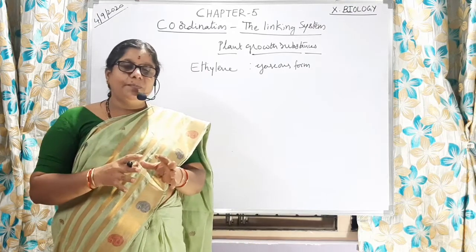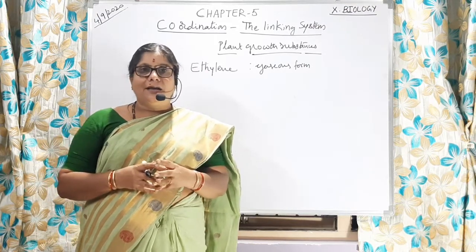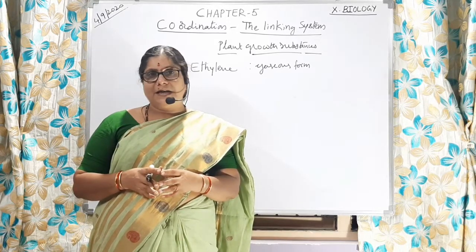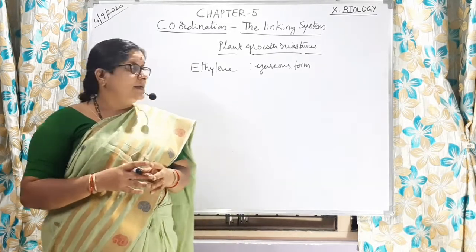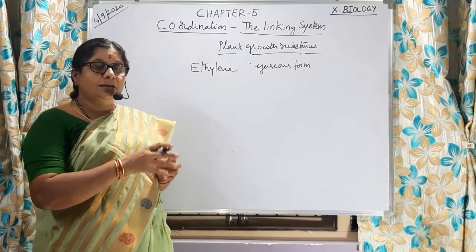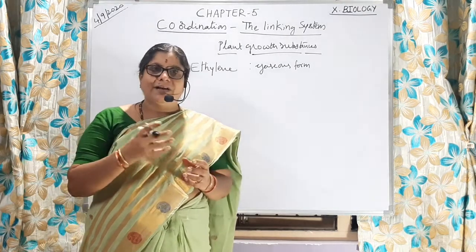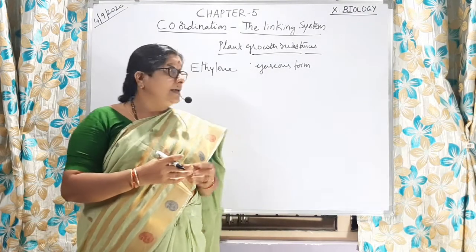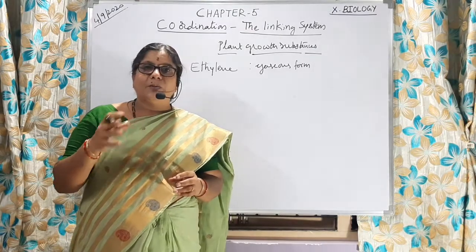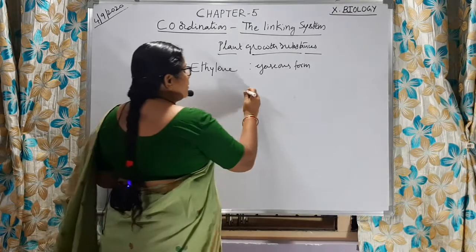If we keep them both together, after few days all are going to be ripened. Is it not? Have you observed like that? Yes. So how is it happening? The ripened tomatoes are going to release some kind of gaseous substance, that is ethylene only, which is going to help in promoting the ripening of other tomatoes.